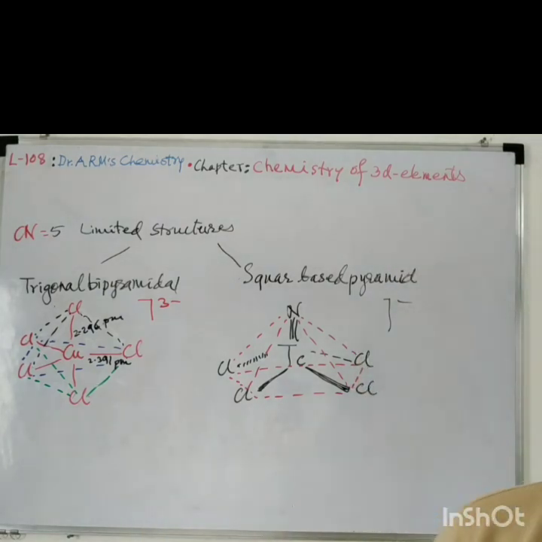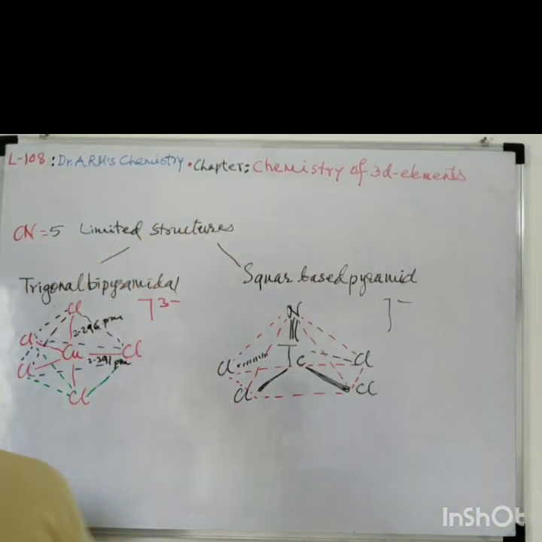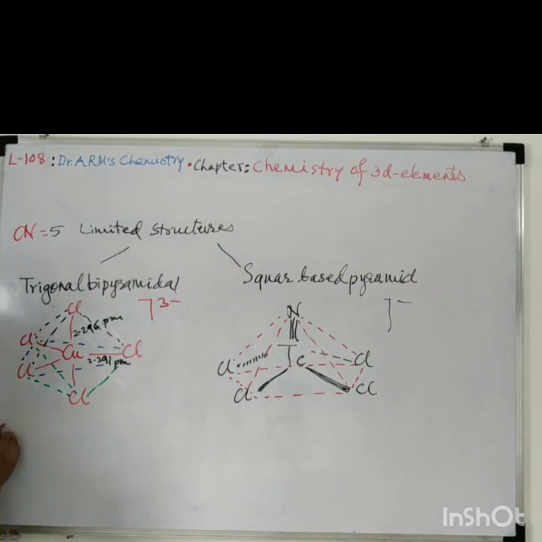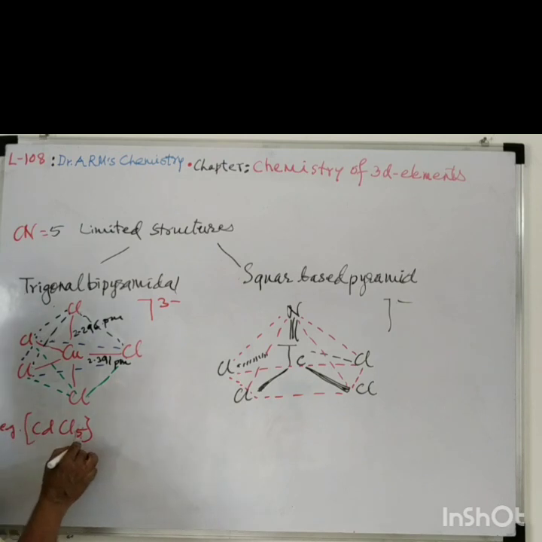We can have other examples of this type, that is CdCl5 3 minus, HgCl5 3 minus, and CuCl5 3 minus.